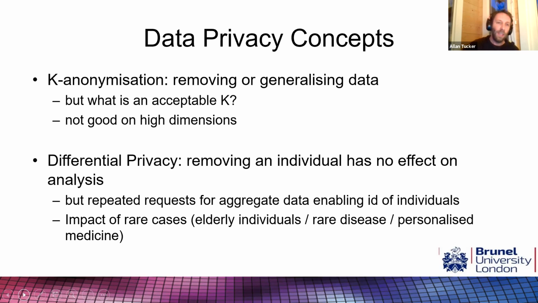And then the other important privacy concept is k-anonymization. So this is the idea of, if we remove certain key fields or generalize certain data points, can we make data anonymous at a particular level? So can we say, well, we only know it's one of k possible individuals? But the question that's still wide open is, what's an acceptable value for k?